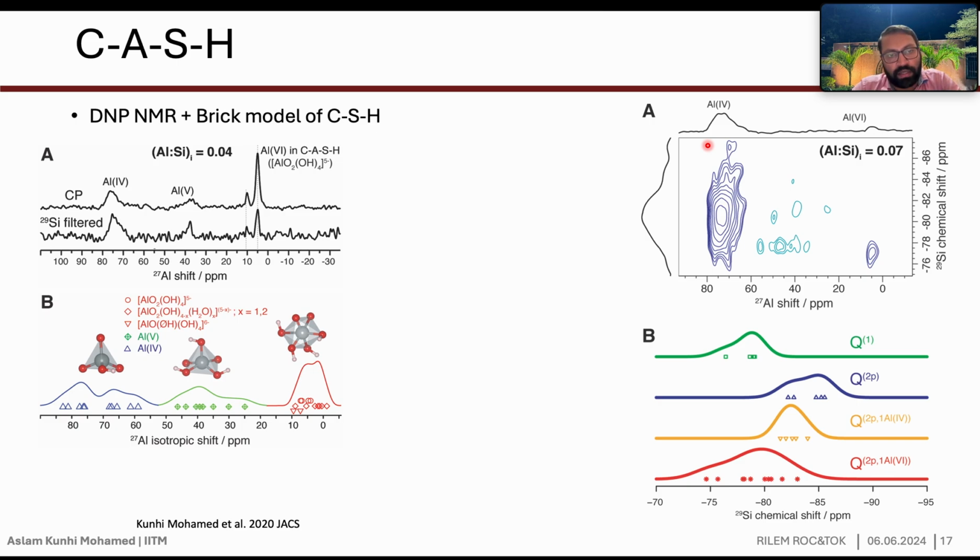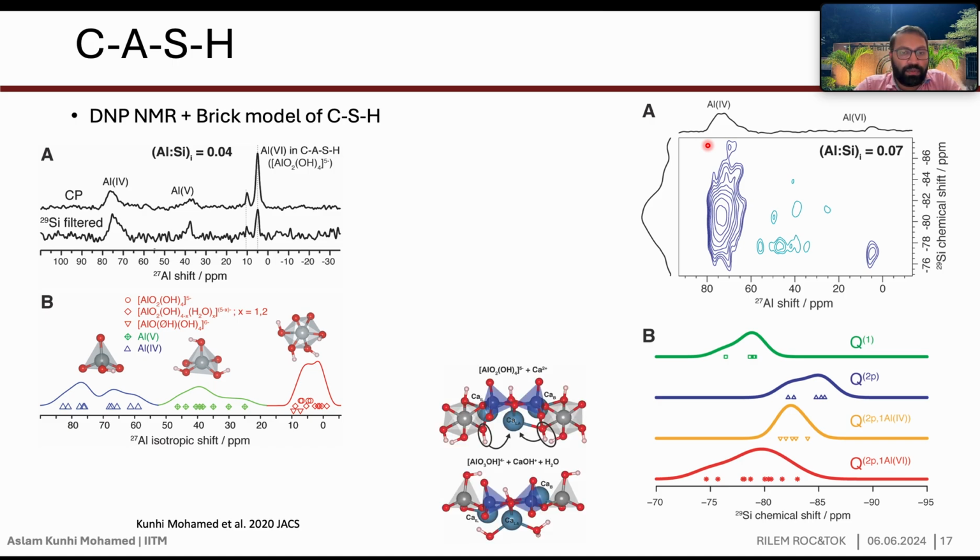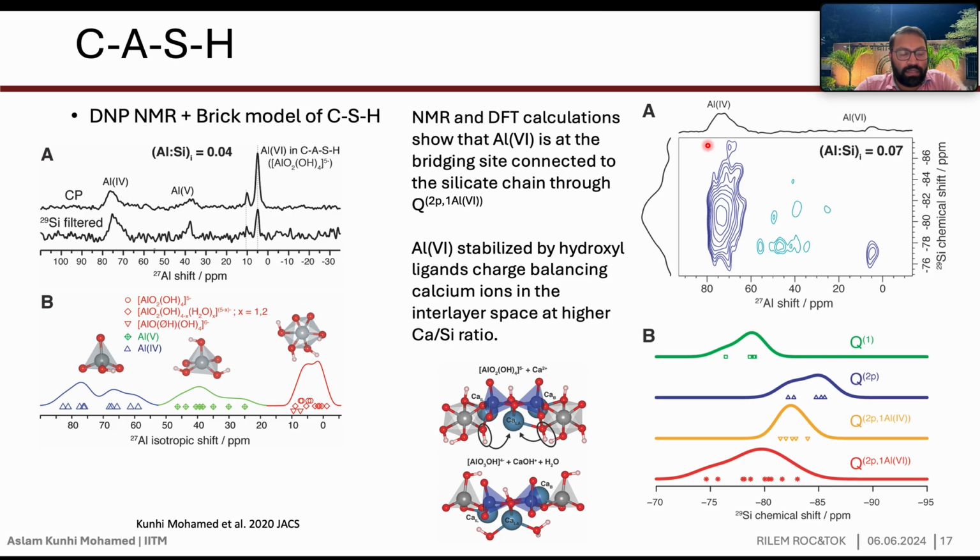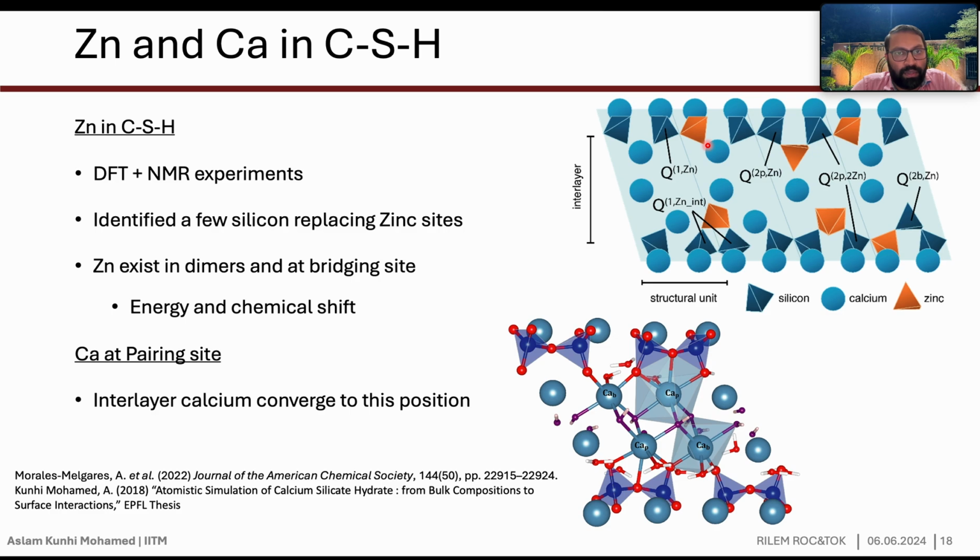We also did experiments, as well as tried to look at different defect types and so on, and then we were able to prove that aluminum in 4, 5, or 6-fold coordination can exist at the bridging site similar to that calcium, and you don't need to invoke a different phase, which is called the third aluminate hydrate, to explain this 6-fold coordinated aluminum in CSH.